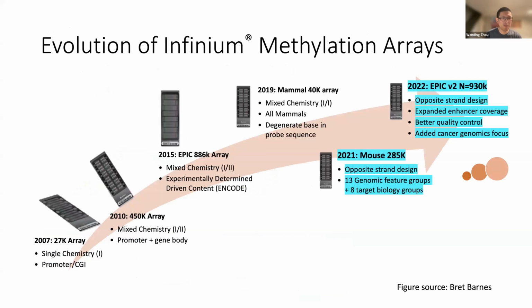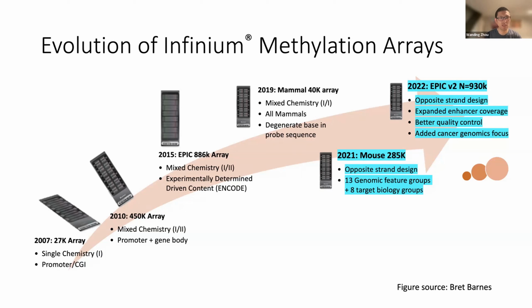So this is, again, the list of multiple generations of the Infinium technology. As you can see, there are many developments over the years. First of all, it started over a decade and a half ago with the introduction of the HM27K array. But as it developed, it introduced more advanced technologies and also covered more diverse genomic content.